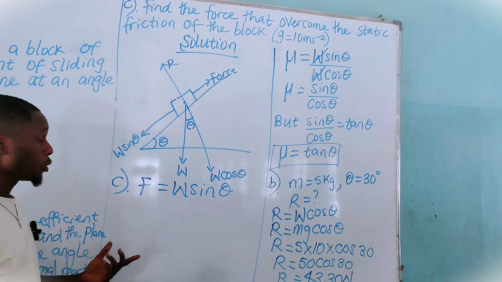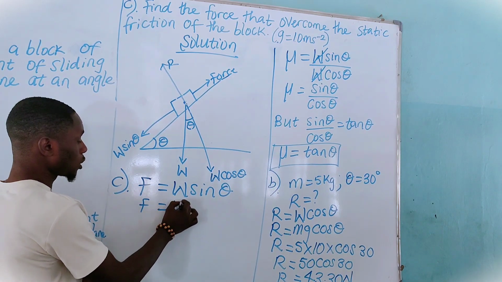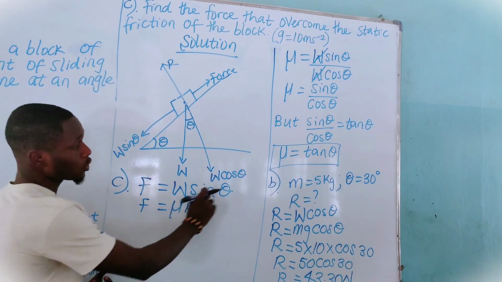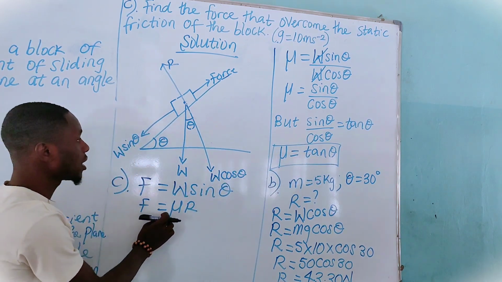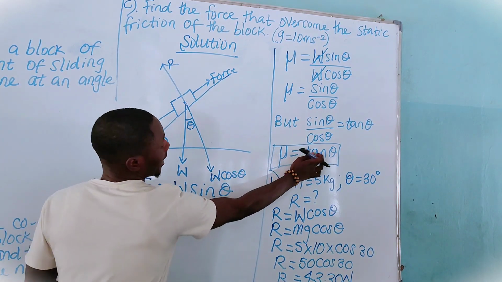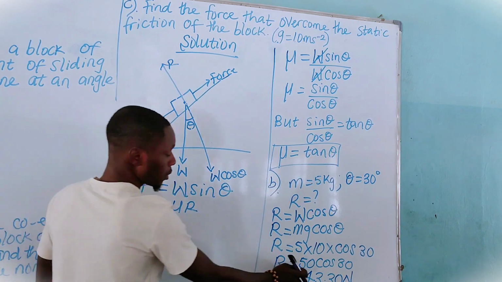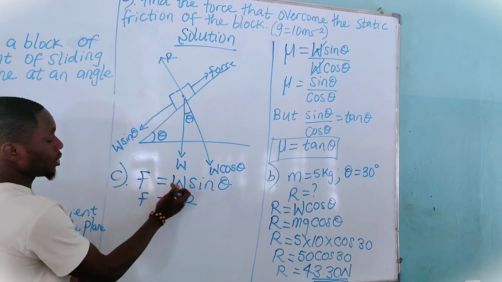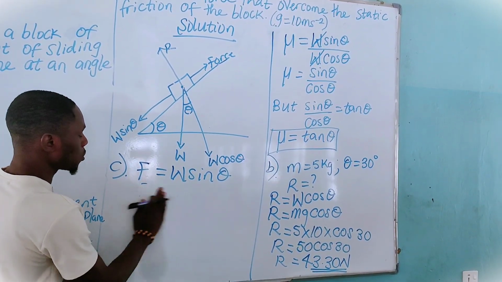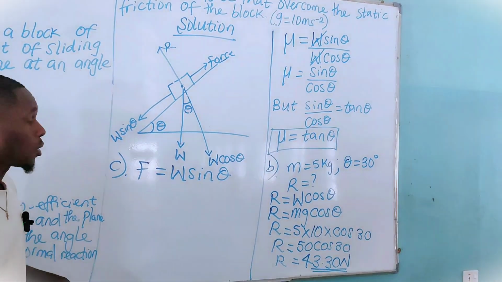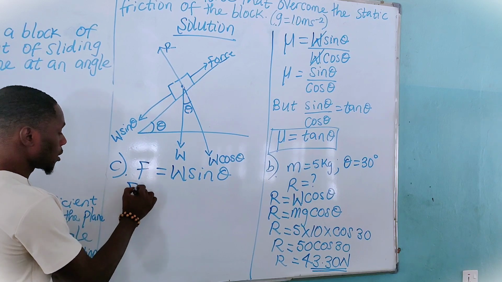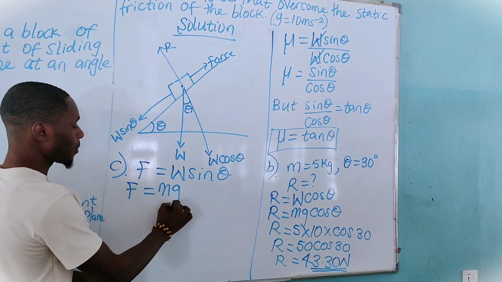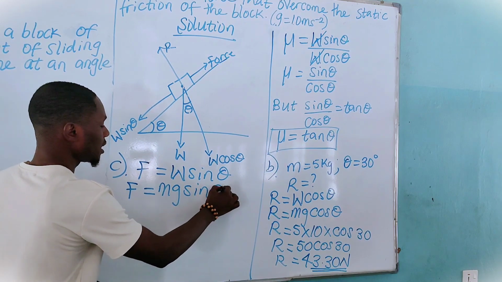Remember that you can also use force equal to mu R. That means you find your coefficient of friction, which is equal to tangent of the angle, and the angle is 30. So you find tan 30 and multiply it by your normal reaction, and you have your answer. Or you can multiply the weight by sine of the angle. So our force is the weight of the body, mass multiplied by gravity, and then sine theta.